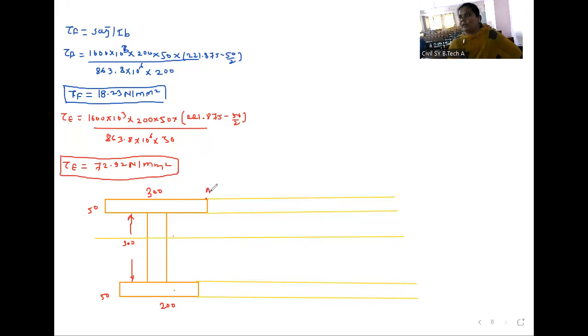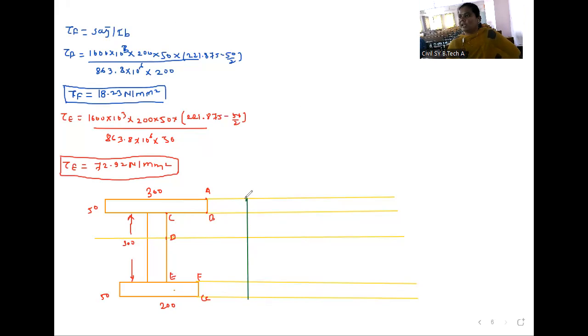Here we have marked A point, here B, C, D, E, F, and last one is G. So first we will draw the baseline and then we will draw the figure. So suppose this is our baseline of this shear stress distribution diagram. We will mark all points.